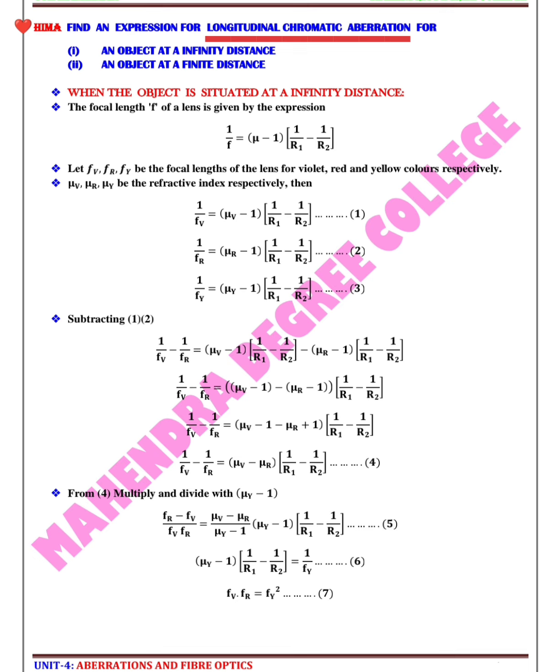Example: imagine a white light source passing through a lens. Blue light might focus closer to the lens, while red light focuses further away. This difference in focus for different colors is longitudinal chromatic aberration.